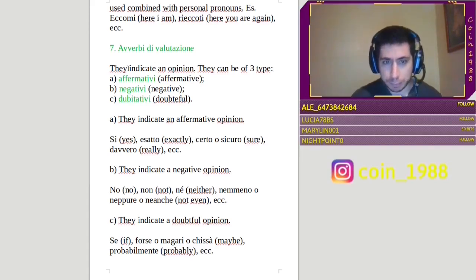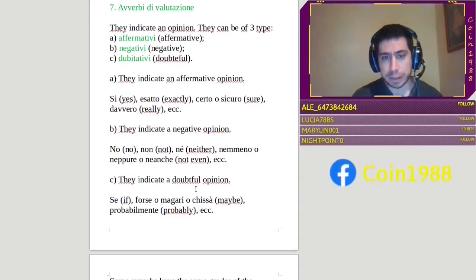The last type, doubtful adverbs, indicate a doubtful opinion.